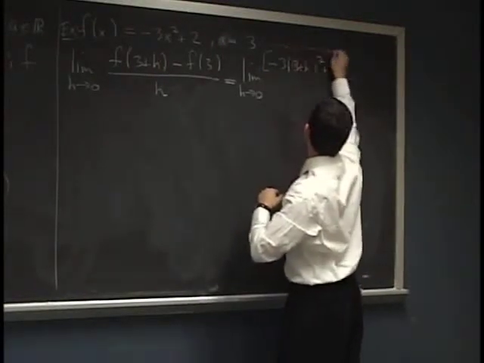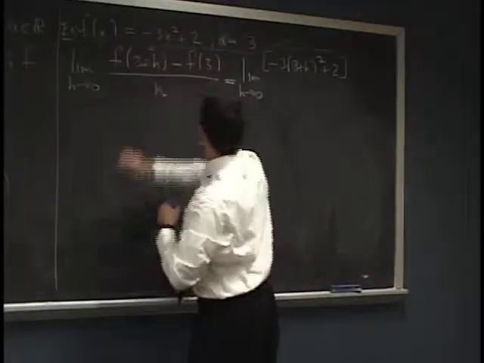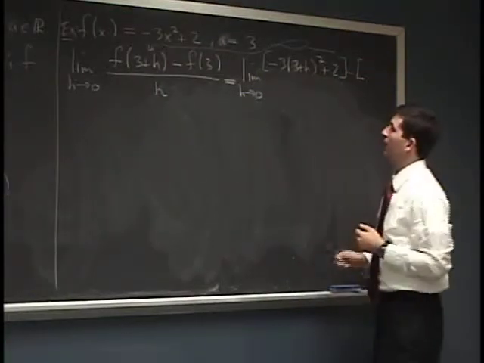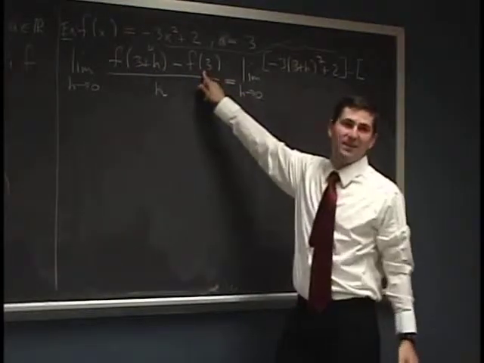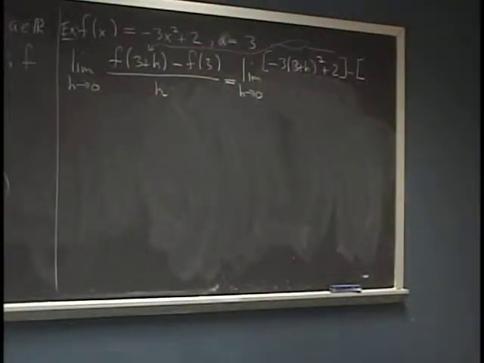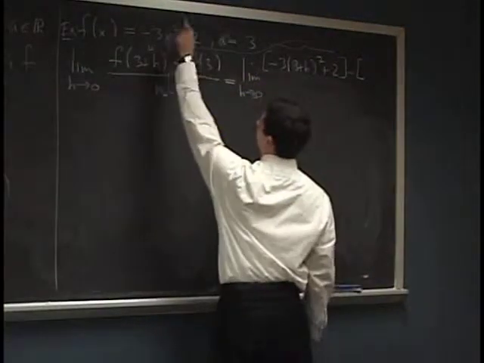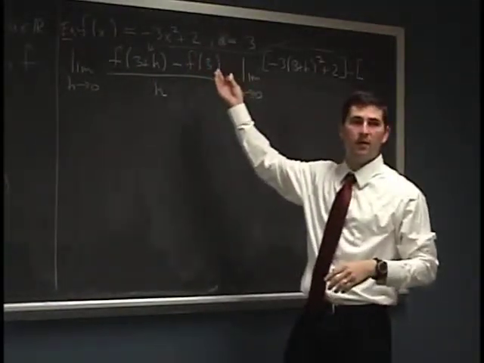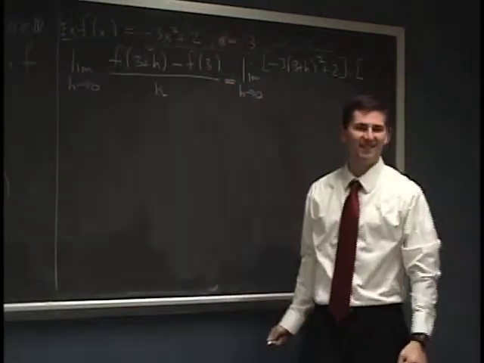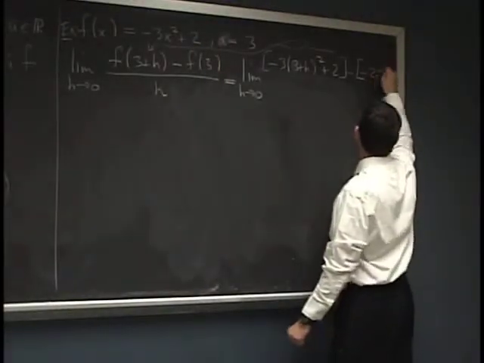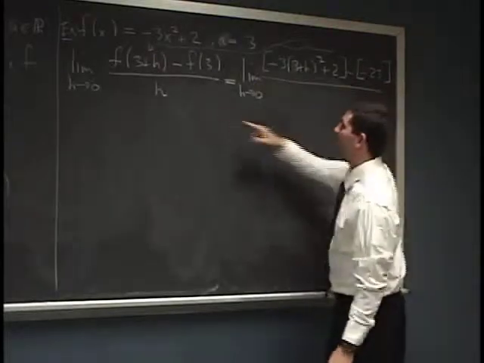So this whole bit corresponds to f of 3 plus h. And then I have to do minus. Oh, this is nice. I just evaluate f at 3. Even the most dim-witted individual who's graduated from 7th or 8th grade can do that. Let's see. 9 times minus 3 is minus 27. Plus 2 is minus 25. And I divide by h.